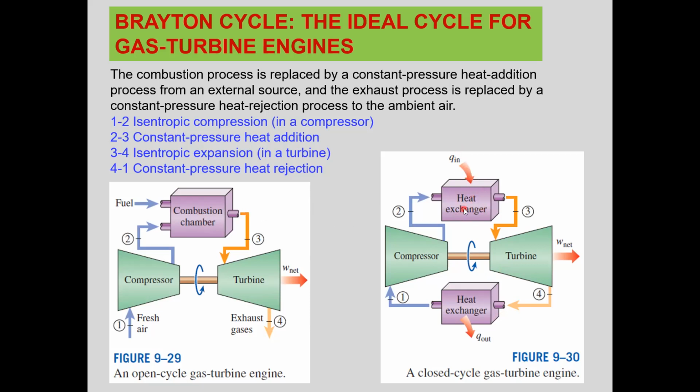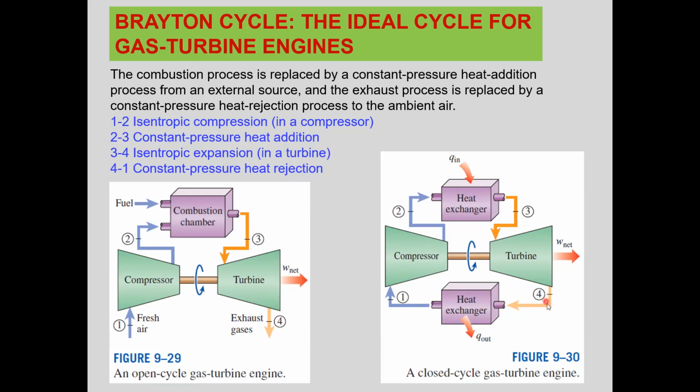So the process here is a constant pressure heat addition process. So the actual combustion process is replaced by a constant pressure heat addition process. Normally, exhaust gases are purged into the atmosphere, and this is an energy loss from the cycle, and we model that here by a heat exchanger. So exhaust gases exhausted to the atmosphere is modeled by a heat exchanger.